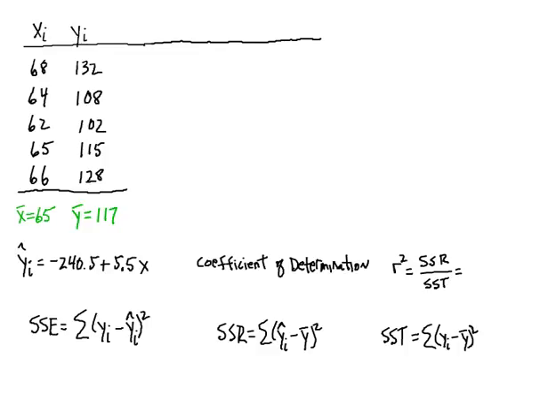You'll notice that SSE and SSR depend upon the estimated regression equation's output for each of the x sub i values. In other words, we need to calculate a column of the estimated values, and then we're going to need to subtract those from the individual y values in the SSE formula, and then we'll have to take those values and square them.